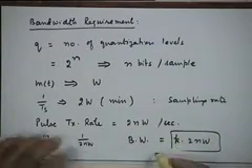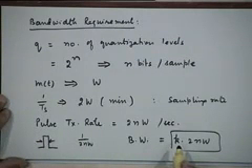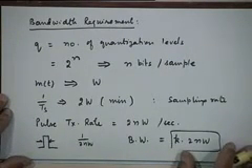Is this okay? So, typically this constant lies between 1 and 2, right.